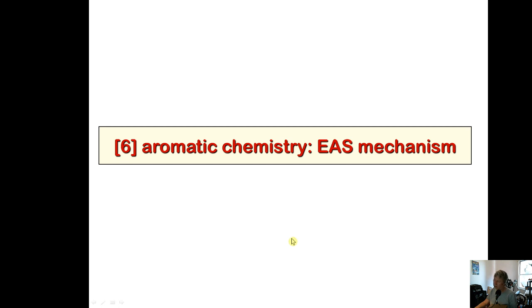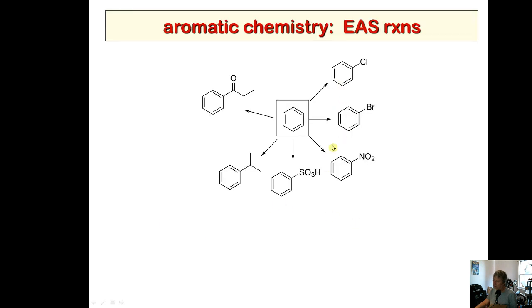Aromatic chemistry. So there's kind of its own little section, and we just want to review this. It's its own little world of aromatic chemistry. These are all the simple reactions you learned: chlorination, bromination, nitration, sulfonylation, alkylation, attaching an alkyl group. What's that?